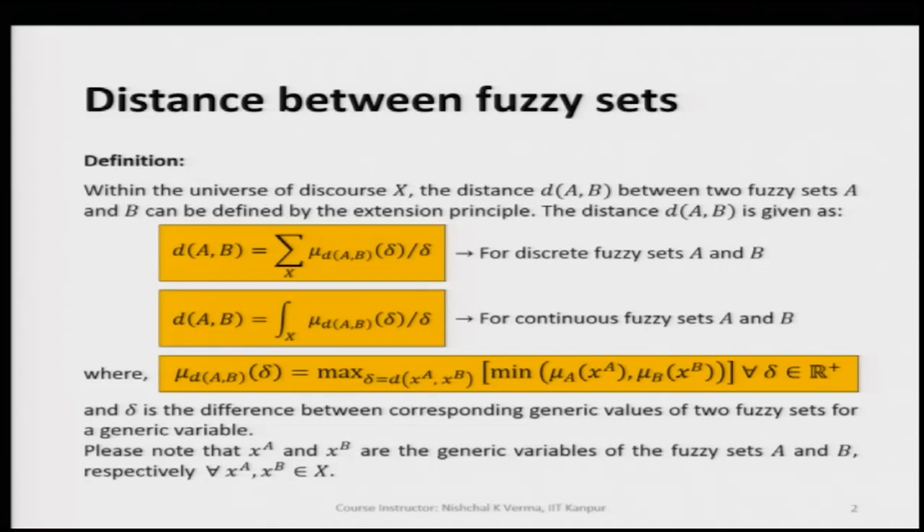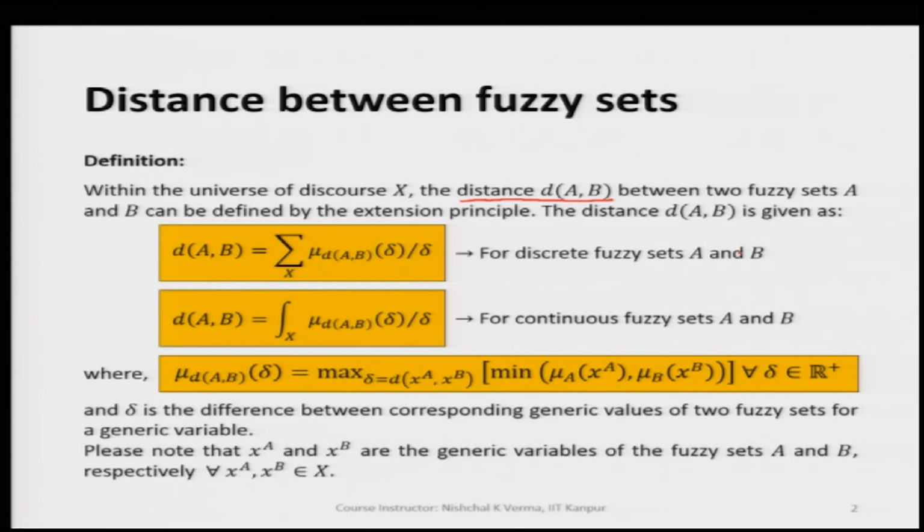So, if we have two fuzzy sets, say A and B, within the universe of discourse X, the distance, which is represented by D, the distance D(A, B), can be defined by the extension principle, and it is given by this formula here.